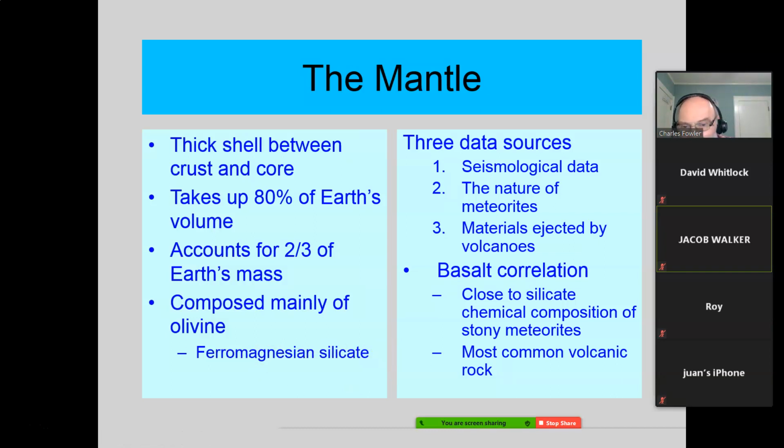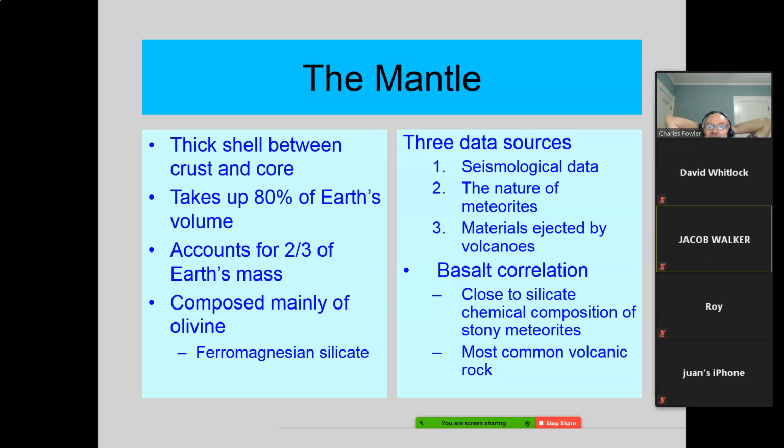Remember, just about everything on the surface, 92% of the Earth's surface material, are silicates. Some of them ferromagnesian, some of them non-ferromagnesian. Okay, now, again, we've never been into the mantle.